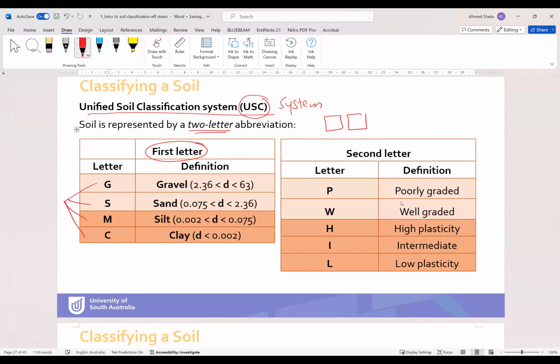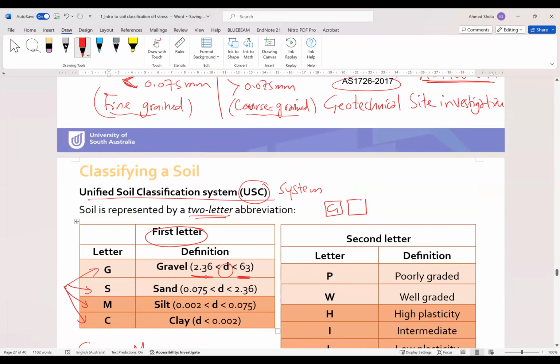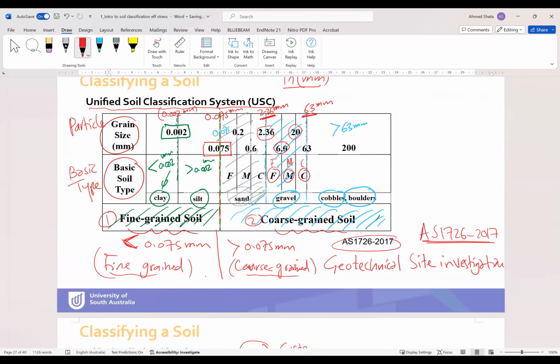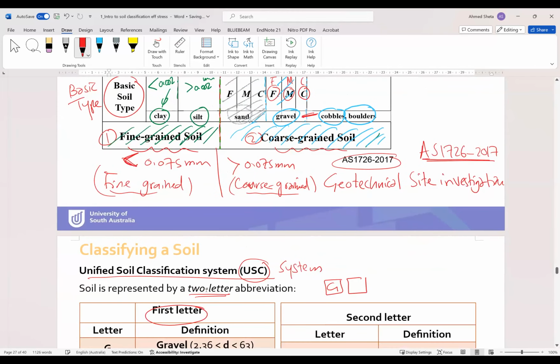If it is gravel, G; sand, S; silt, M; clay, C. So you have to put, for example, G in the first letter. Which size of the soil is considered as gravel? From D equal to 2.36 to 63. If you go to the previous slide, you can see this here. From 2.36 to 63 is gravel. And so on.